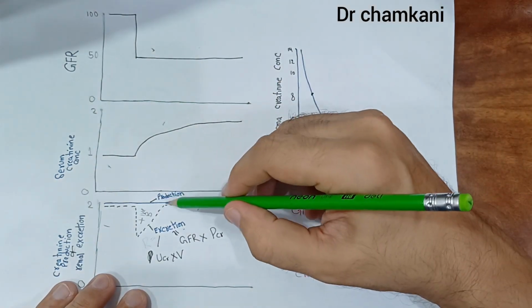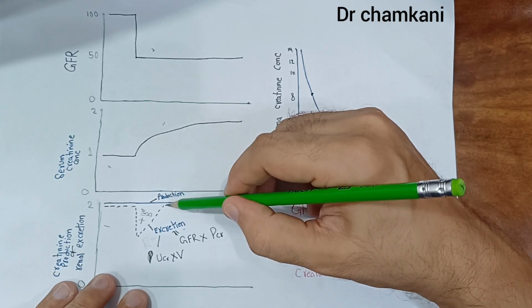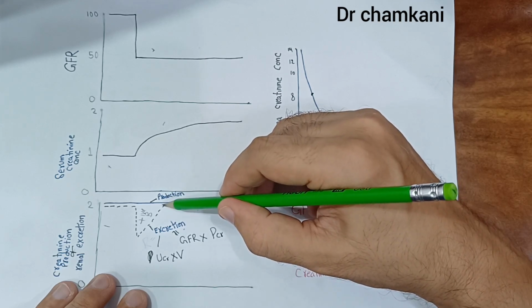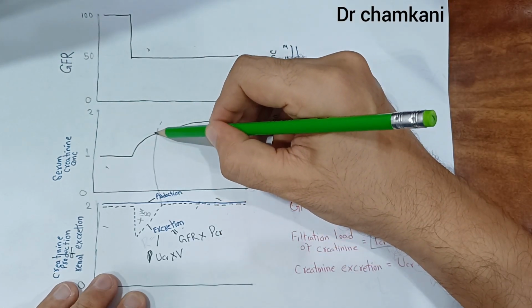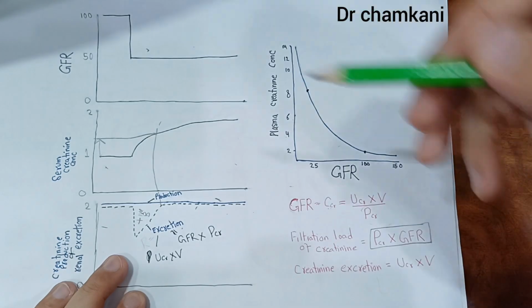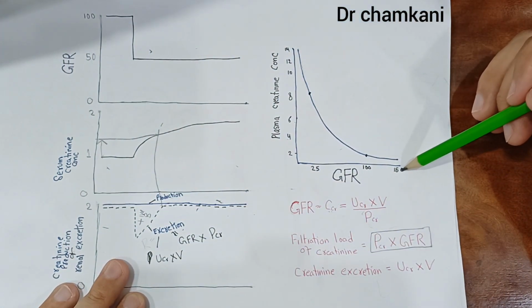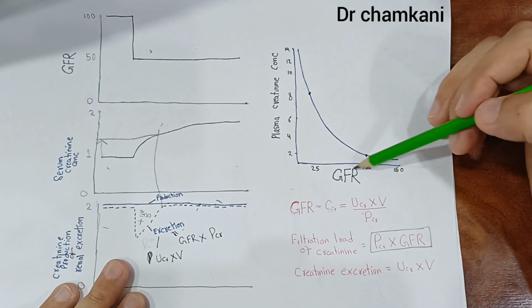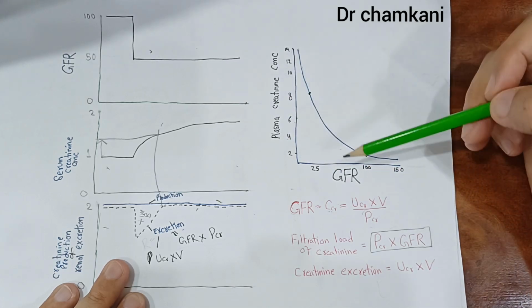Now, if this excretion graph has equalized the production level, here the excretion is again equal to the production, but this occurs at a higher level of plasma creatinine. This can also be shown with this graph. When the glomerular filtration decreases from 150 towards this 25 level, you see the plasma creatinine concentration keeps on increasing.